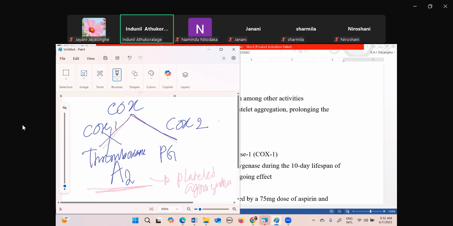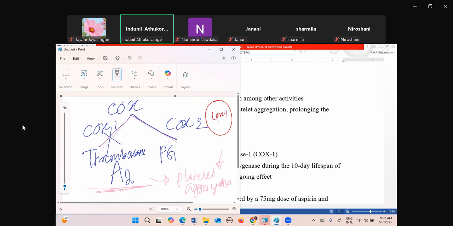I mean, from other means it will happen, but platelet aggregation will drastically go down, right? This cyclooxygenase 1 is in the platelets. In the platelets also, this enzyme is present.